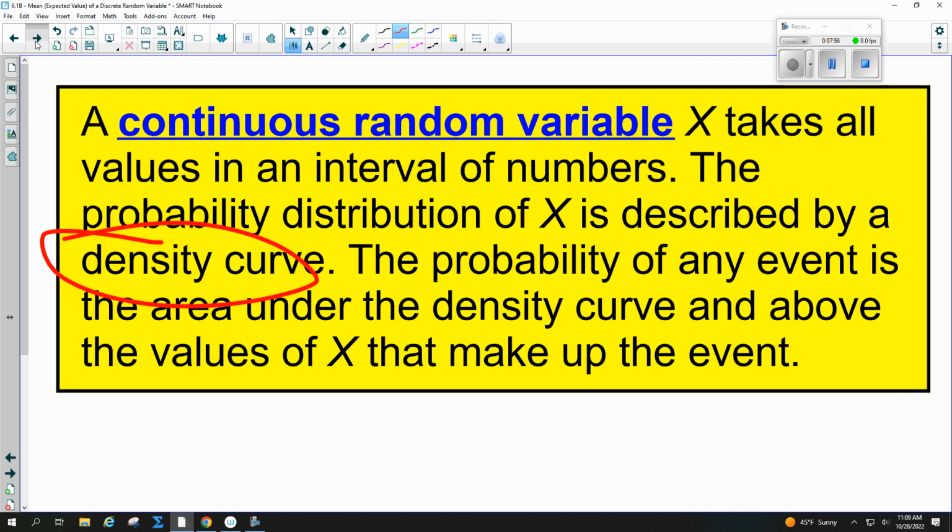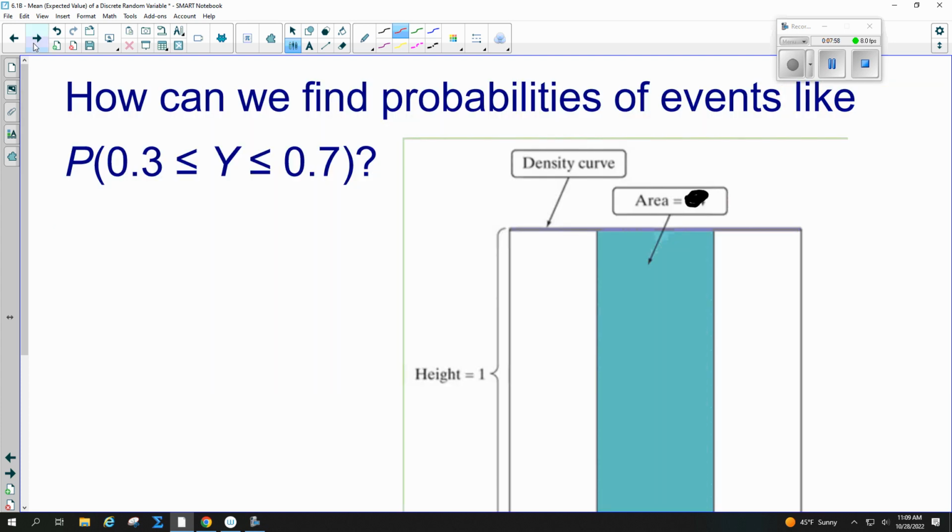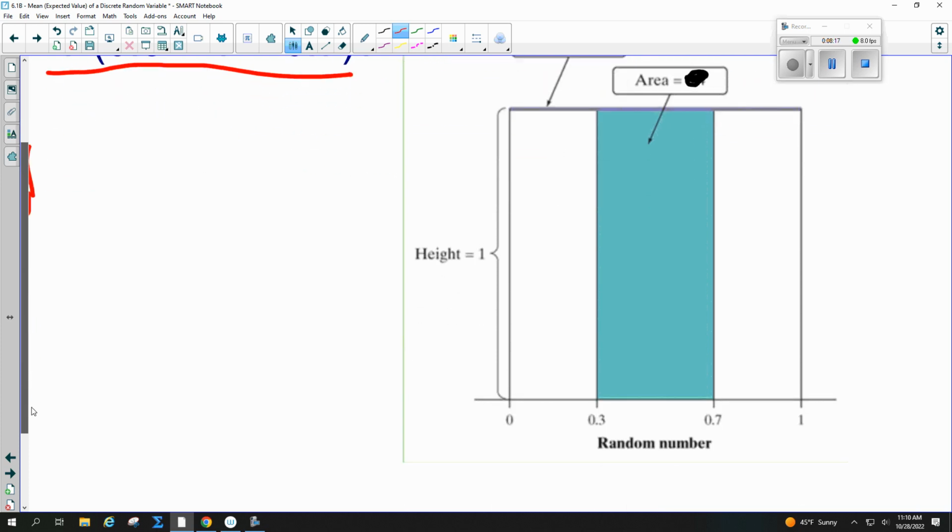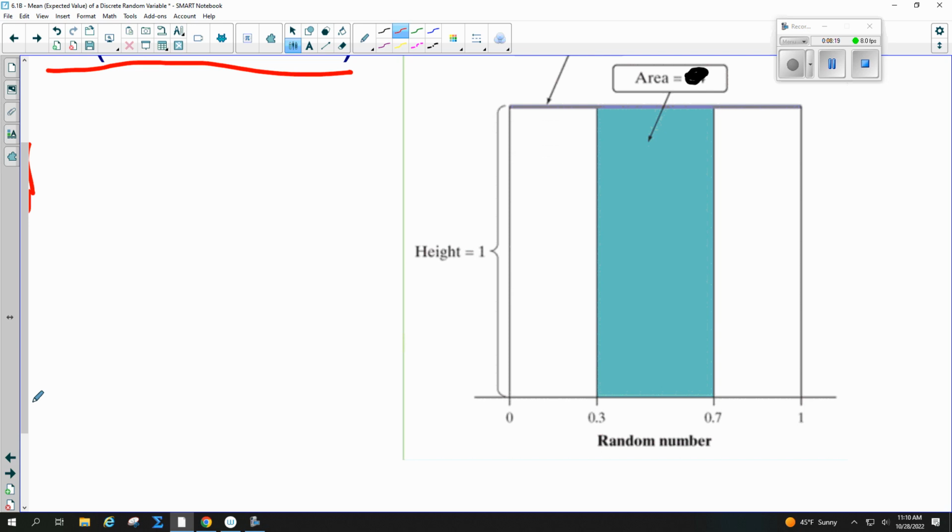Here's one that's not normal. If it's not normal, they'll probably provide a picture for you like this. How do we find probabilities of events? So what does this say? The probability that y is in between 0.3 and 0.7. If you have a density curve that looks like this, we're just basically finding the area of a rectangle.